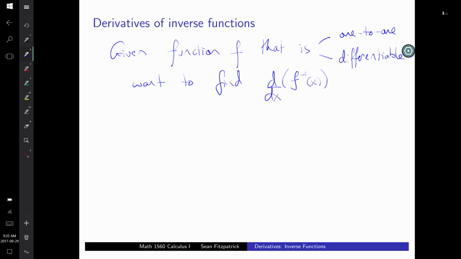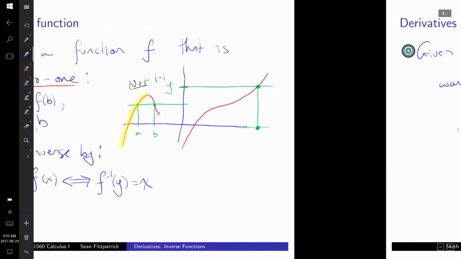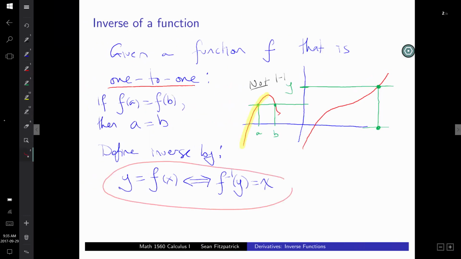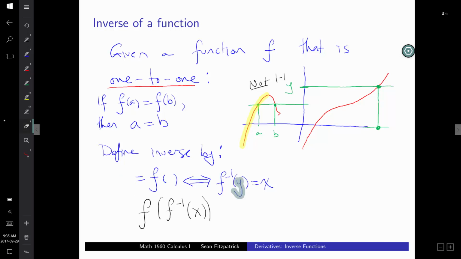So how are we going to do this? Well, go back to the defining property for the inverse: y equals f of x is the same thing as saying f inverse of y equals x. Now think about what happens if I do f of f inverse of x. Let me exchange the roles of x and y so that things match up.